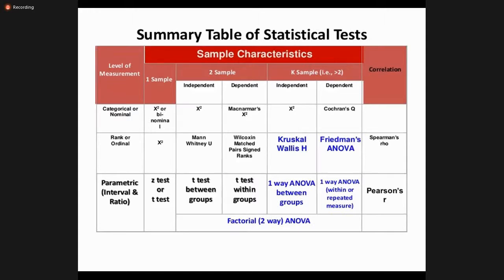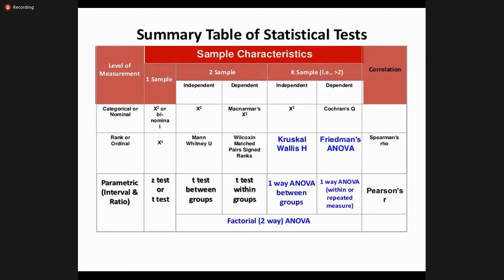In that way, we use different types of measurement. So always remember that when you go for the t-test or ANOVA, you should check that the data is numerical or discrete type and suitable for parametric testing.